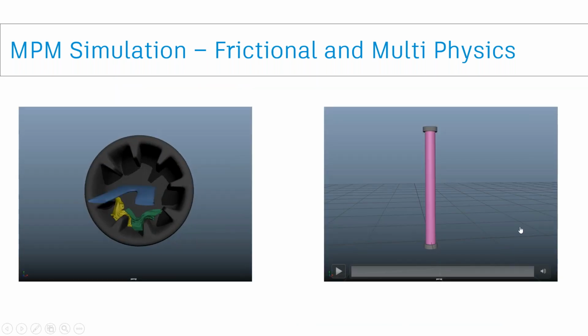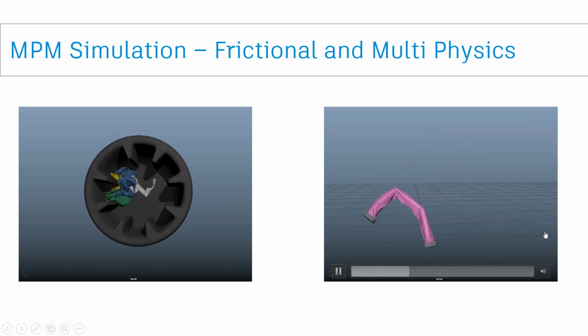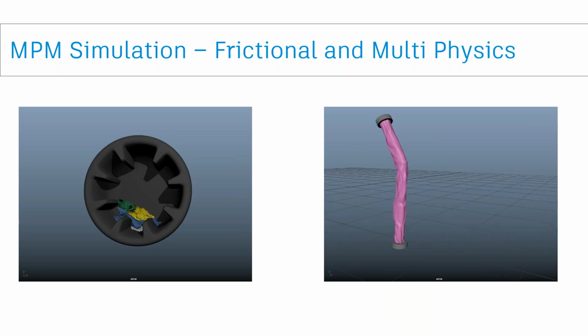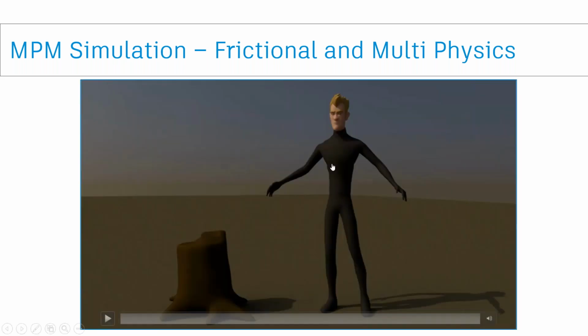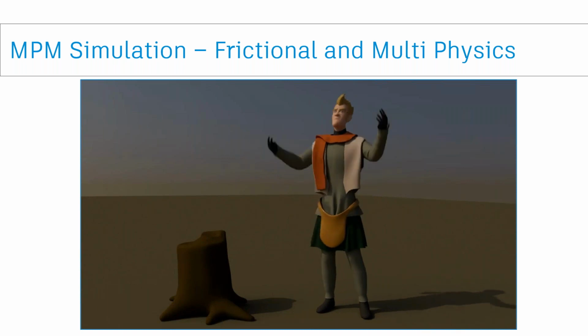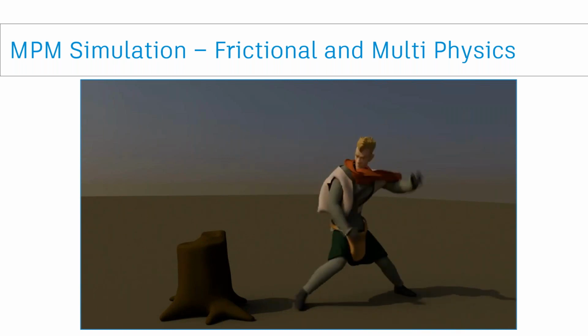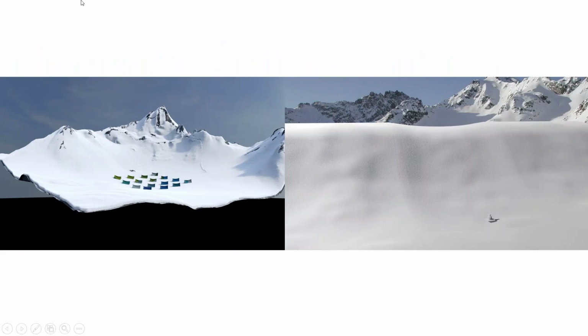Again, these are cloth tests that we've done. You can see we're getting really accurate simulations and results with the MPM cloth solver in Bifrost. This is a bit of fun that one of our developers was having to test this out. We threw a bunch of cloth objects on Swen just to get an idea of how well this reacts with each other, and with rigs as well.